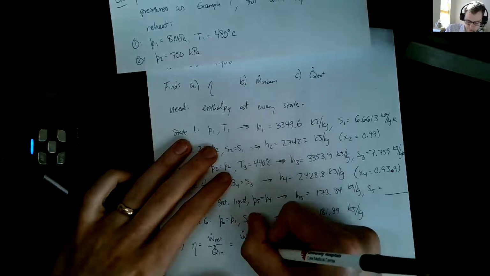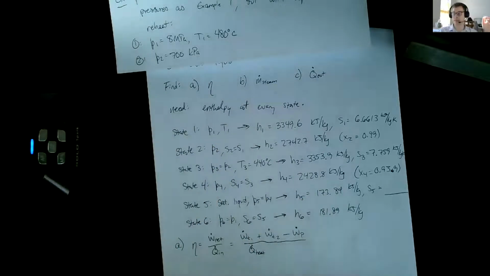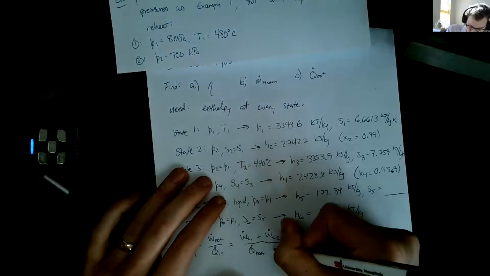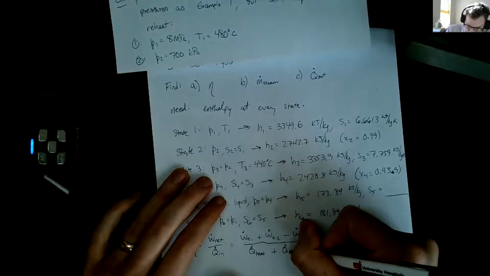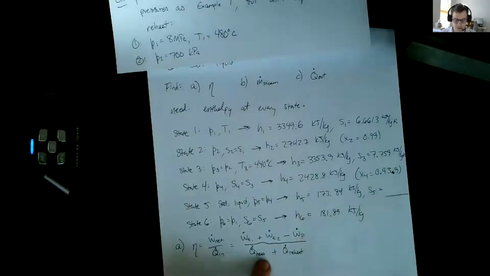And then we have Q for the initial heat from state 6 to state 1. And then we also have a heat input now for the reheat from state 2 to state 3. So again, if we have multiple reheats, you have to account for every time you add heat to the system. That all goes into the efficiency. Okay.